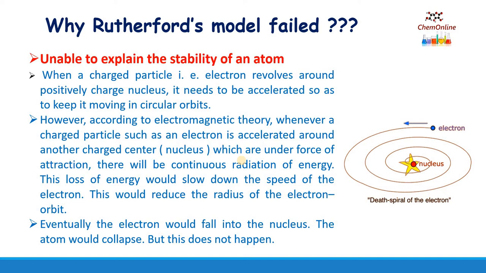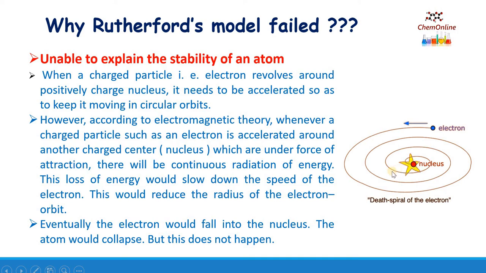As a result, the electron will lose its kinetic energy continuously. This loss of energy would slow down the speed of the electron, and hence it reduces the radius of the electron orbit. So finally the electron would gradually fall into the nucleus and the atom will collapse.